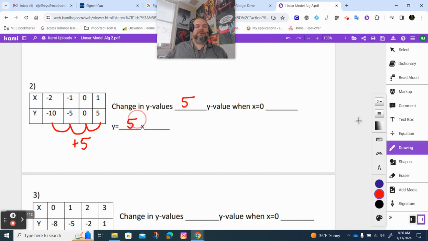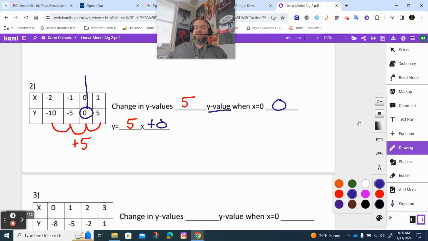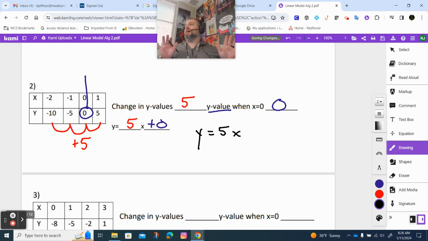So that's our A value. Okay. What is the Y value when X is 0? So X is 0 right here, 0. Now, 2 ways you could write that. You could write it like that, or you could actually do this. Either way, I'm okay with that. Because I know again, like I said, some of y'all would have to put that plus 0.